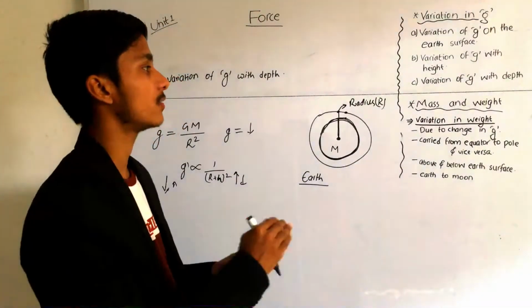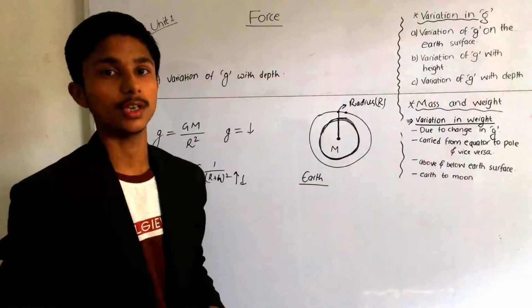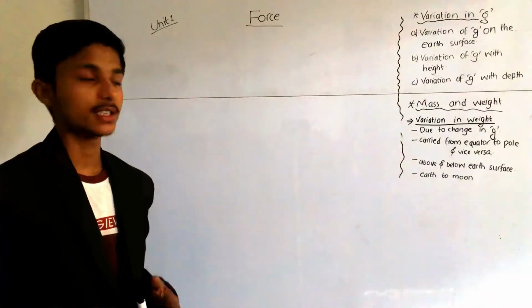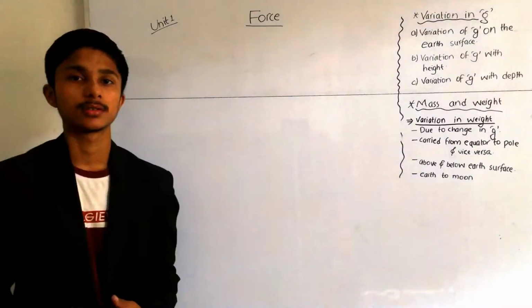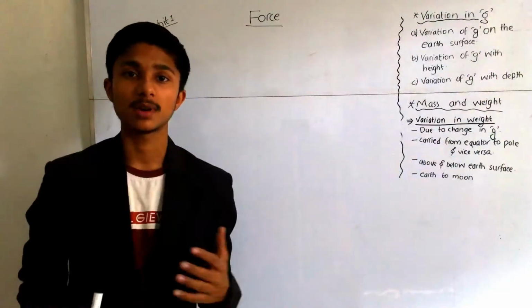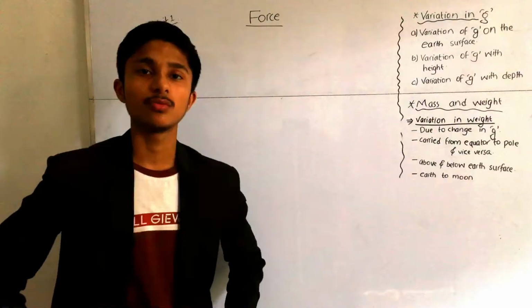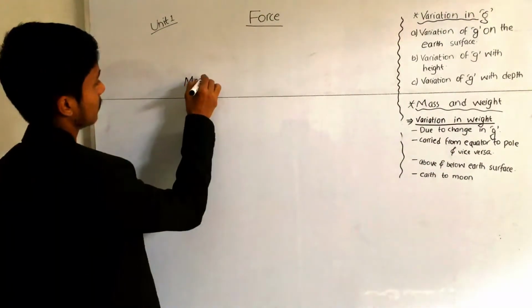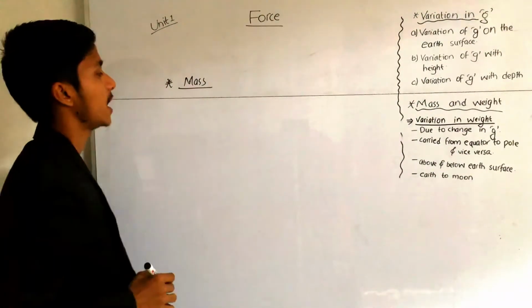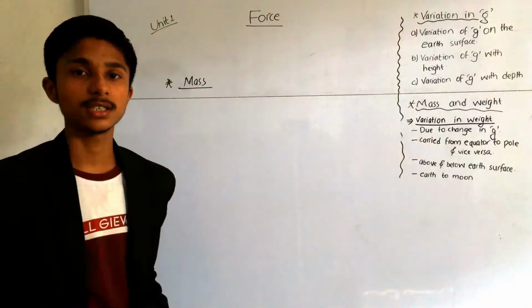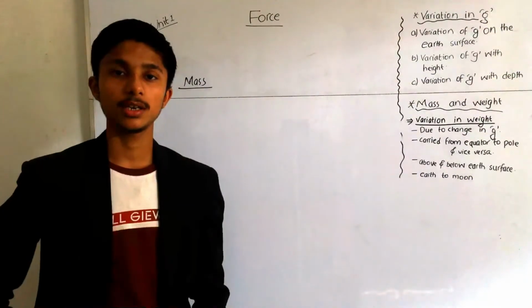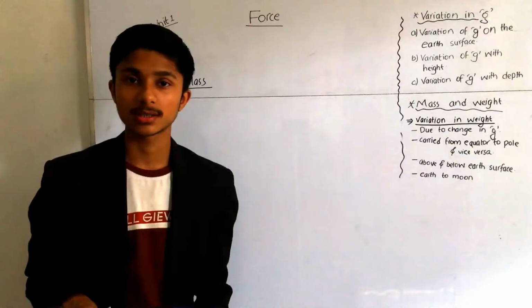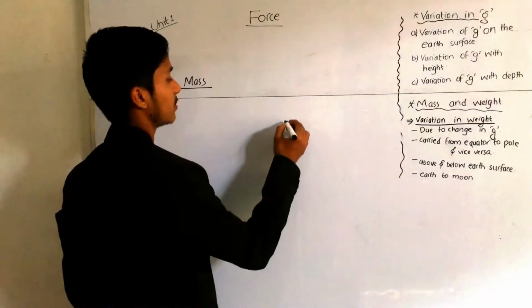So now we move to our next topic, that is mass and weight. Here, mass. What is mass? In your junior classes, you might have studied the definition of mass. The definition of mass is the total amount of matter contained in a body. Suppose this is a body.